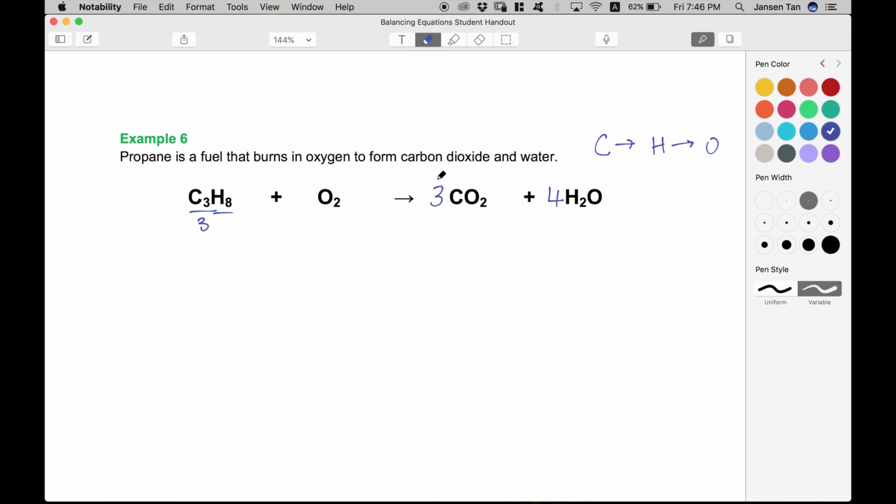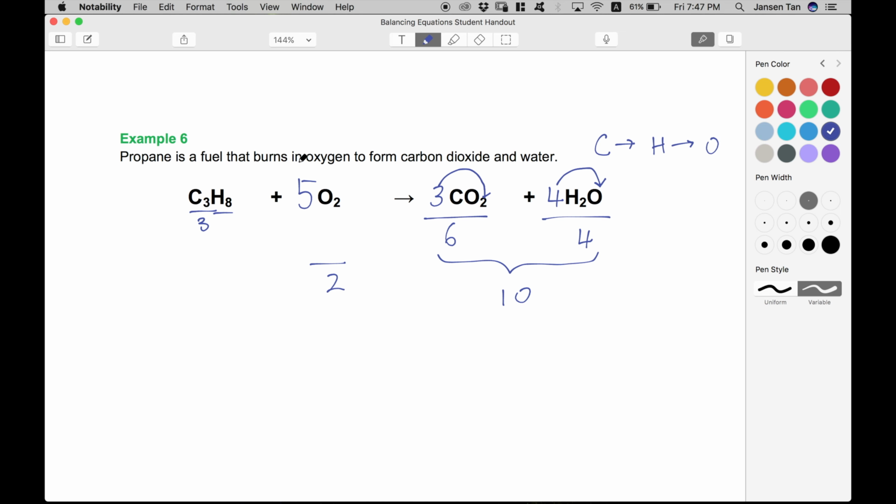Then we look at oxygen, 3 times 2 here, I have 6 oxygen. 4 here, so total oxygen on the right I have 10. On the left I have 2. 2 and 10. How to balance? We'll put a 5 here. Okay, so the correct answer should be 1, 5, 3, 4.